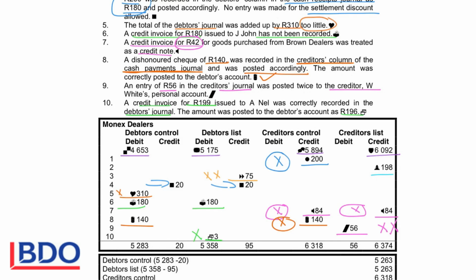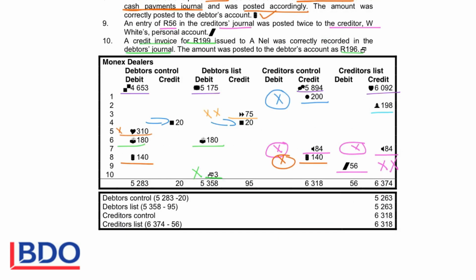Then I will go and add up all these totals in the debtor's control, debit side, credit side, debtor's list, debit, credit, creditor's control, credit, creditor's list, debit, credit. And if I compare these with each other, the totals must give me the same balances. So in the debtor's control on the debit side, there's 5283 and on the credit side 20. If I subtract them from each other, I get a balance of 5263.